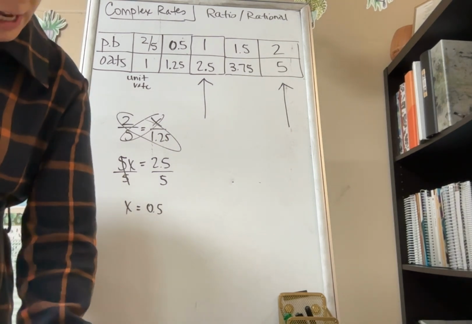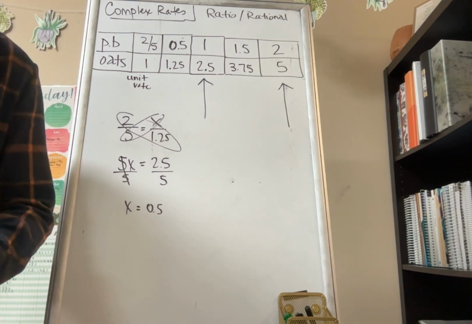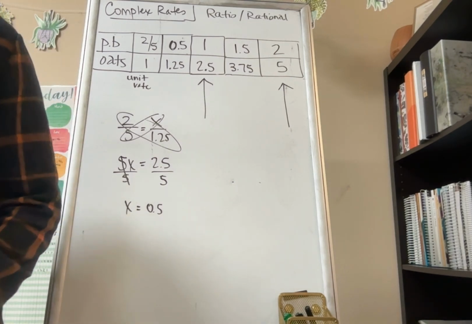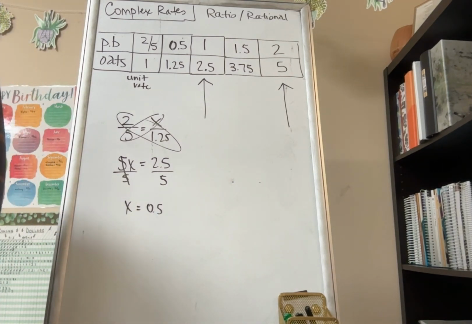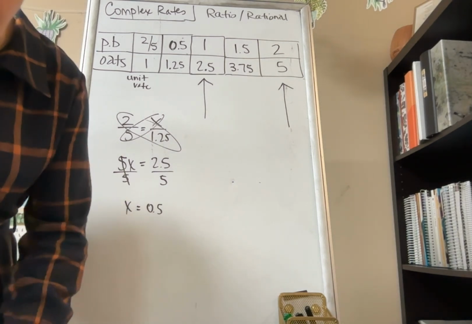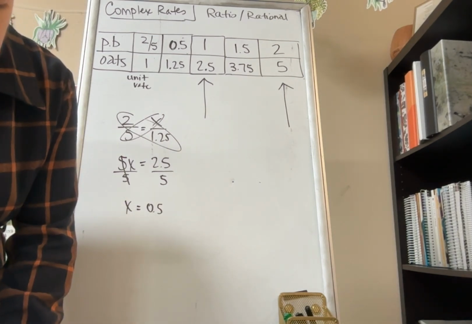Now, there's a skill check B on page 280 that gives you a couple of opportunities to practice this, or you can just go straight into the assignment. And let's look at what the assignment is going to be. Now, we're going to do 1 and 2.